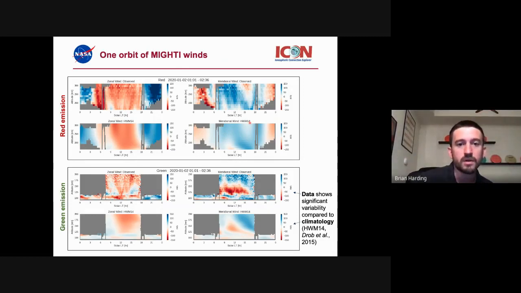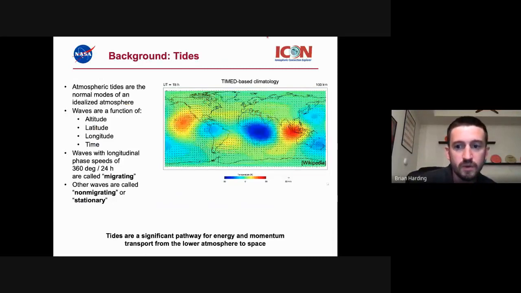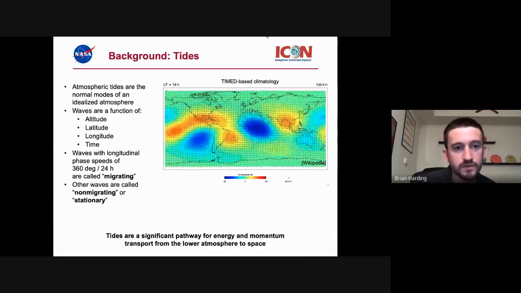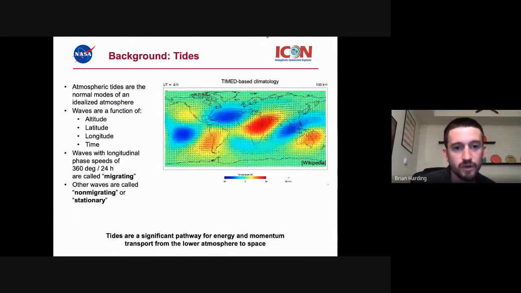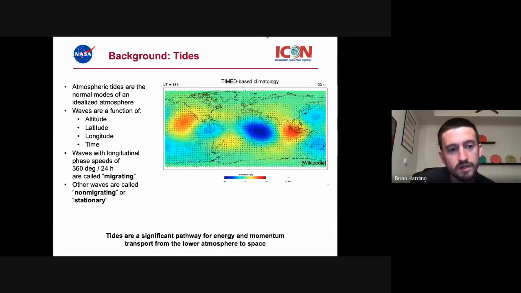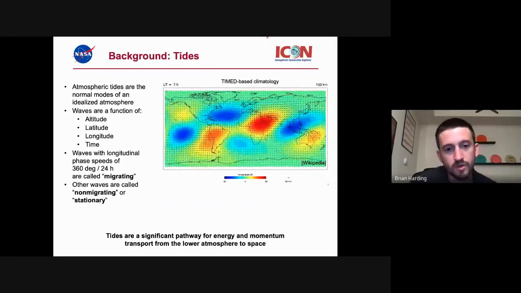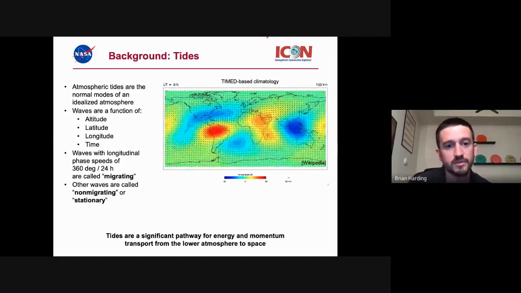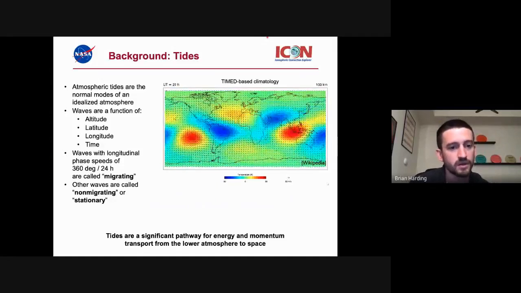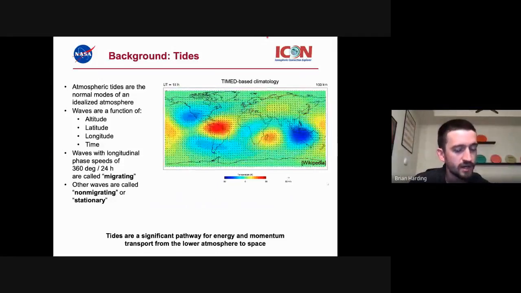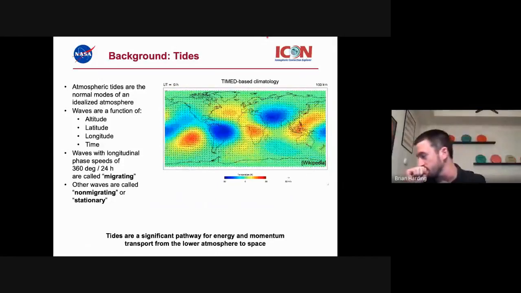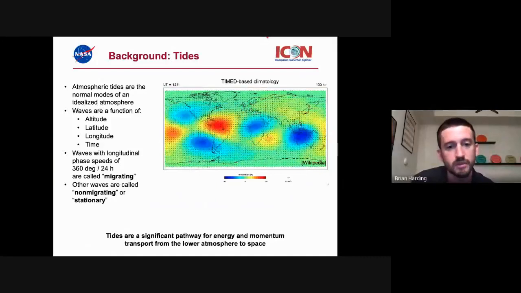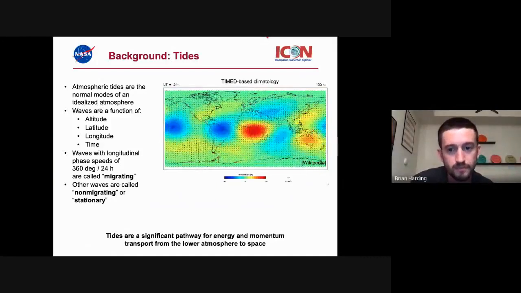Okay, before showing more data, I'll just give a quick aside about atmospheric tides. I'm sure most people here are aware, but for those that aren't, tides are the normal modes of an atmosphere. They're a useful basis function to talk about our measurements, because they're the eigenfunctions of Laplace's tidal equation.